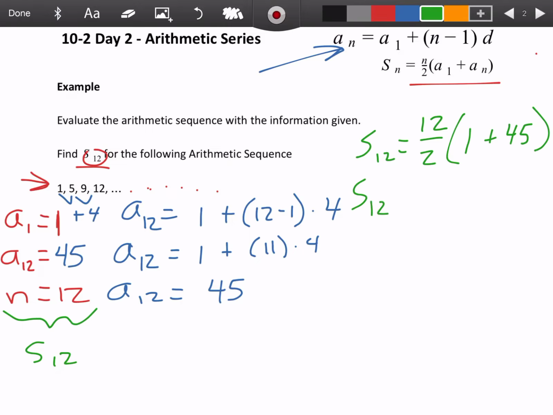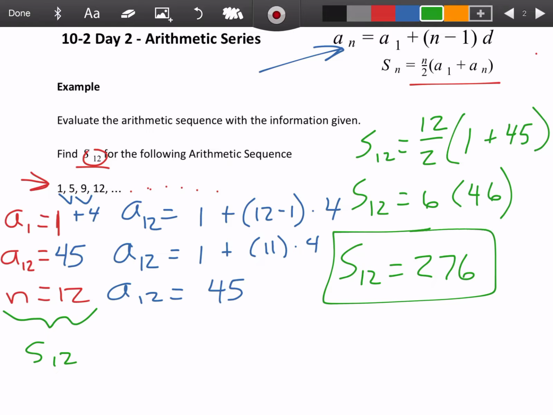So here we'd have 6 times 46. And this is obviously something that you can use a calculator on. 6 times 46, your sum of the 12 terms would end up being 276. You could plug a lot of these into your calculators a lot sooner. I just like to simplify here a little bit.